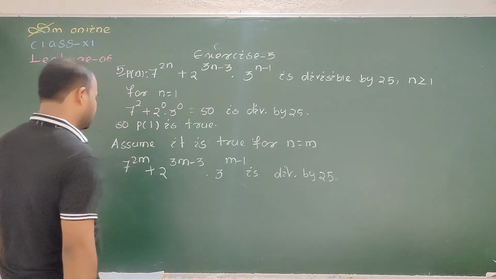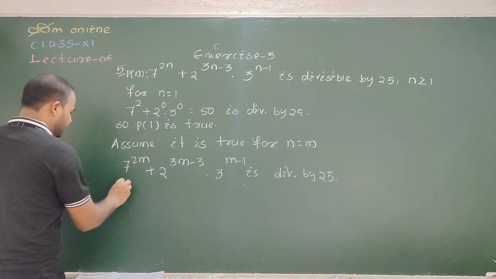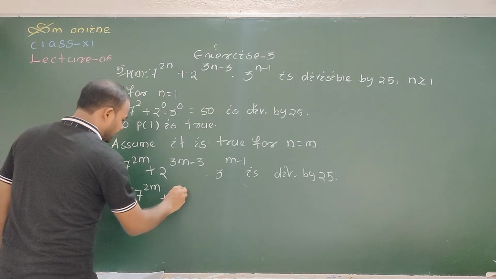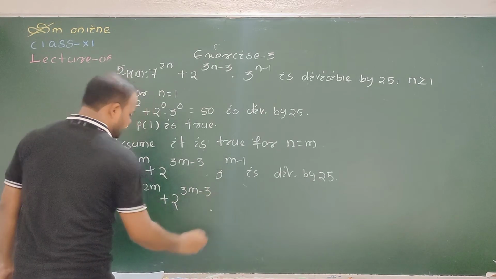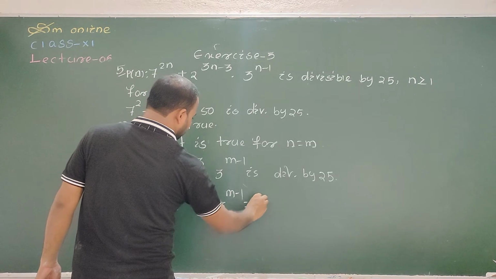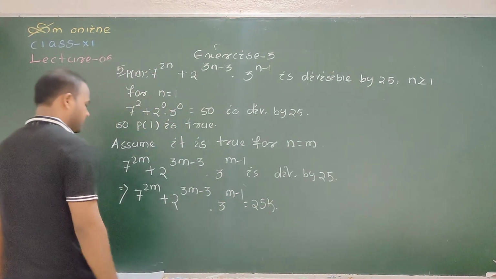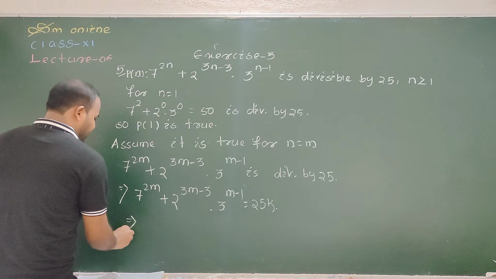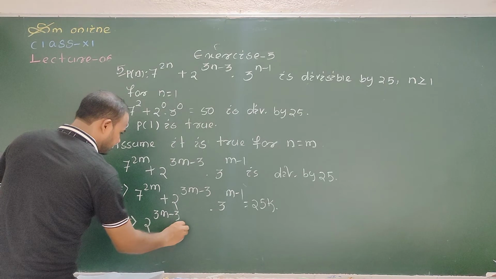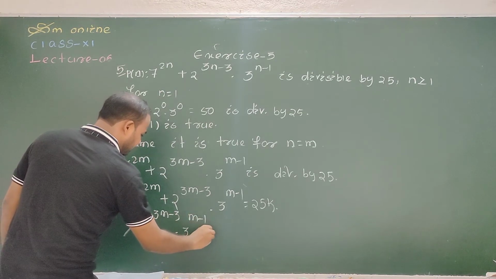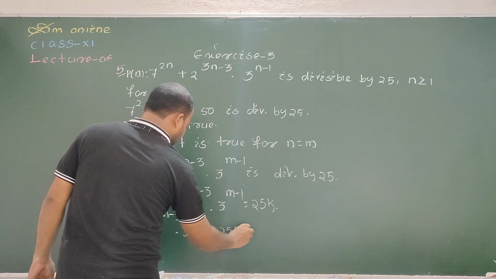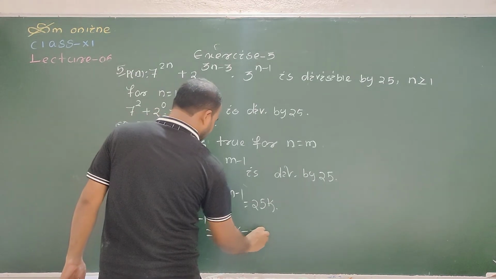So we write here that 7 to the power 2m plus 2 to the power 3m minus 3 into 3 to the power m minus 1 equals 25k. Or it implies that 2 to the power 3m minus 3 into 3 to the power m minus 1 equals 25k minus 7 to the power 2m.